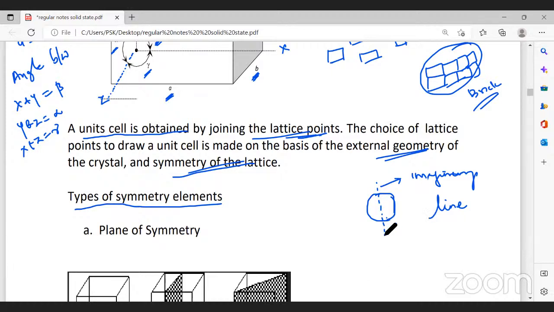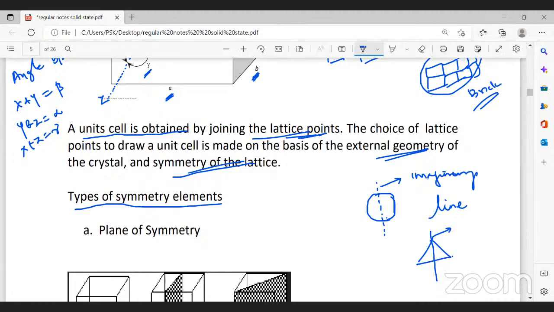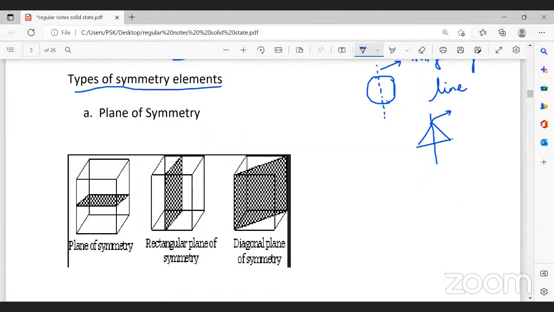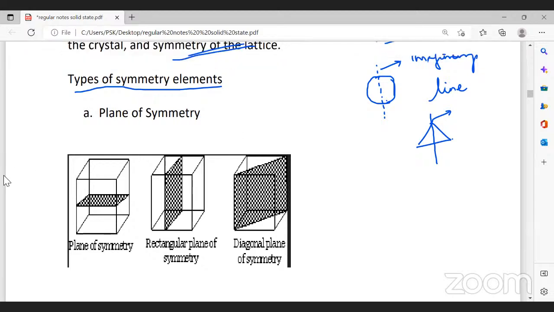So whenever a crystal or any substance can be divided, take a triangle like this. If I draw an imaginary line here, this imaginary line also divides the triangle into 2 equal halves. So this triangle also contains what? A plane of symmetry. A plane of symmetry is an imaginary line which divides a crystal into 2 equal halves.